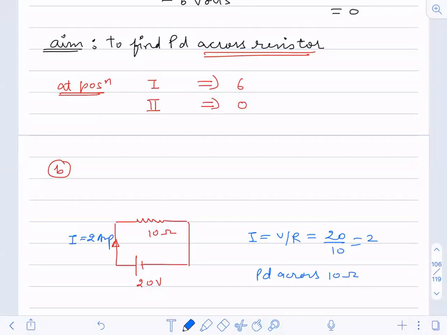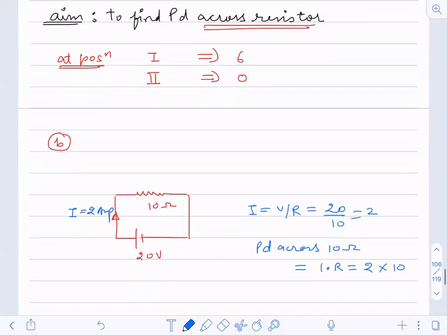It is I into R. The I value is 2 and R value is 10, so it will be 20 volt.